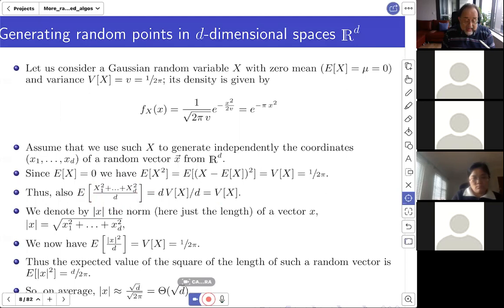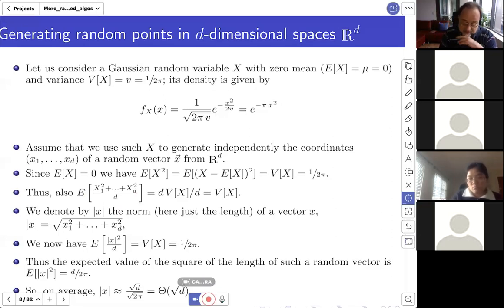So if I generate 10 of such vectors, all 10 of them are approximately of the same length, right? So this is basically dimensionality reduction.